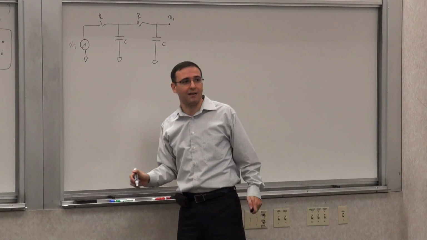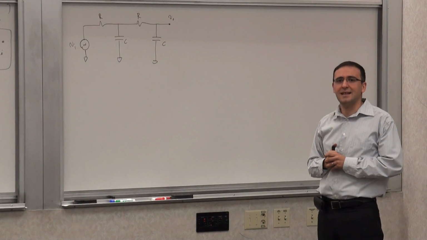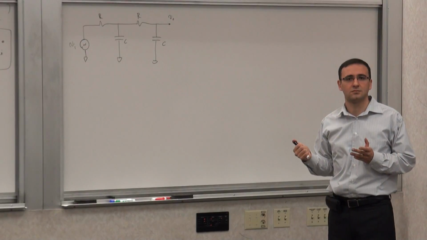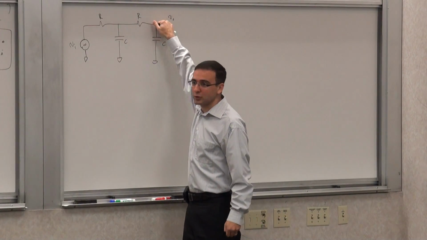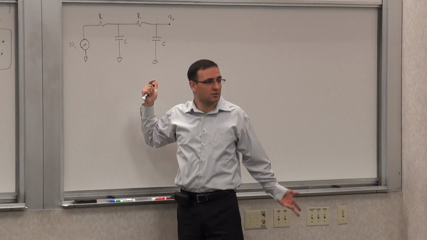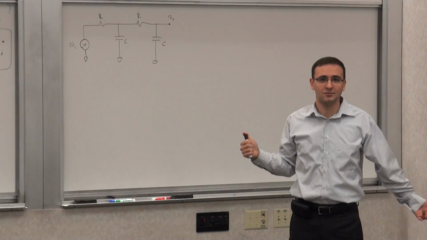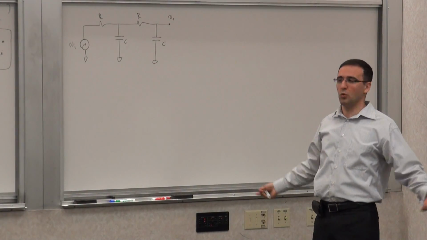How many zeros do I have? Well, is there any capacitor shorting of which results in a non-zero transfer function? If I short circuit this, the output is 0. If I short circuit this, the output is 0. So there isn't. So there's no zero. There are two poles, no zeros, a low pass transfer function.